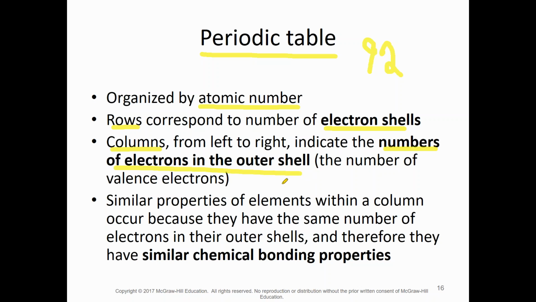And what is the number of electrons in the outer shell called? That's right, they're called valence electrons. So you don't even have to count it up, guys. You can just see what column the atom is in, and based on that, you can figure out the number of valence electrons. So let's say we had an atom in the 7th column in group 7A.